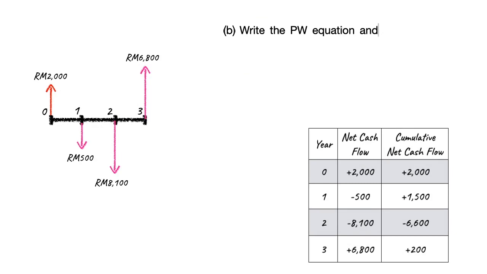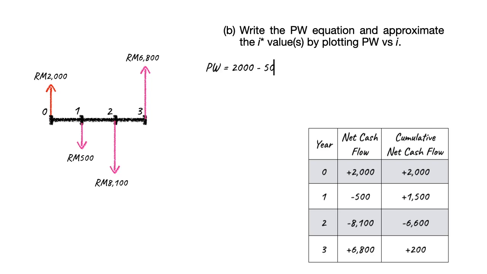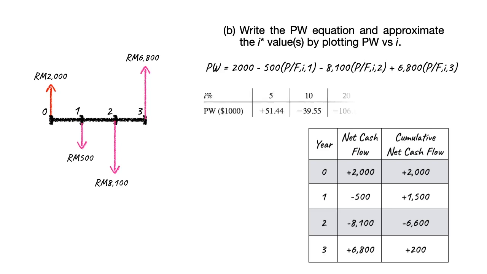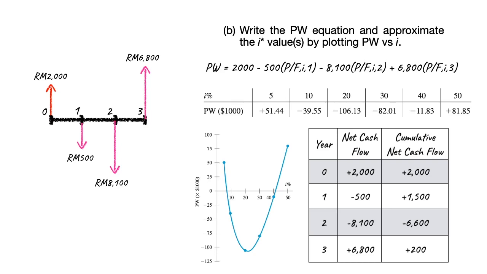Now, in order to answer the second question, you have to convert everything in the cash flow diagram into an equivalent present worth. There are four types of cash flow in this example: the 2000, the 500, the 8100, and 6800. So you have to convert all the cash flow into an equivalent present worth. You can use the estimation method we did just now, or another way which is much simpler is to use the spreadsheet function.